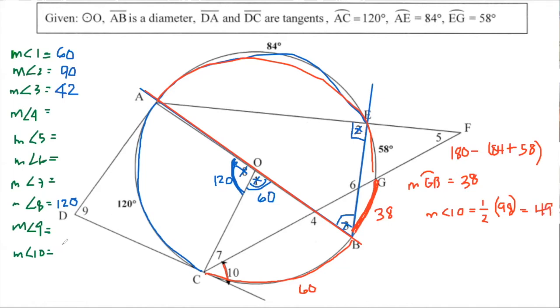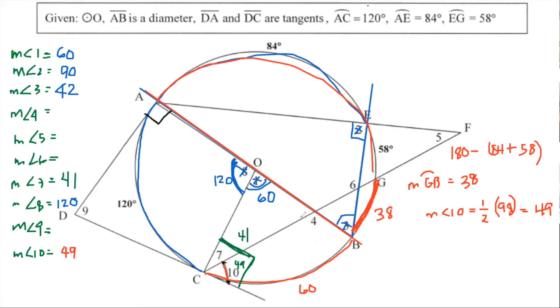Therefore, the measure of angle 10 is 49. If the measure of angle 10 is identified, then we can find the measure of angle 7. Since this is a tangent, it should be 90. And we know that this is 49 already. So if this is 49, then 7 is equal to 41.